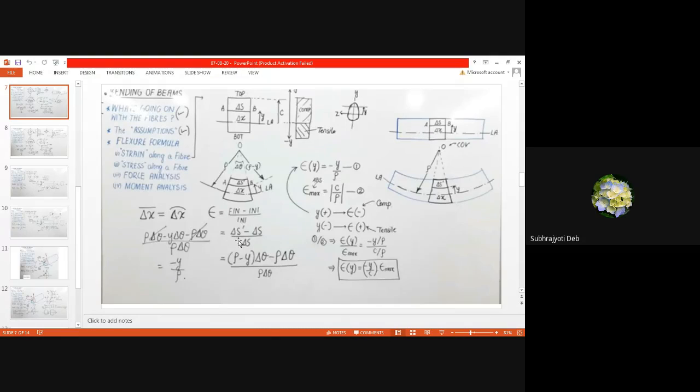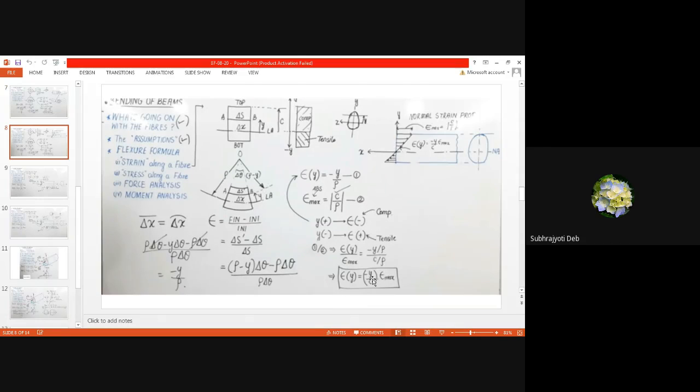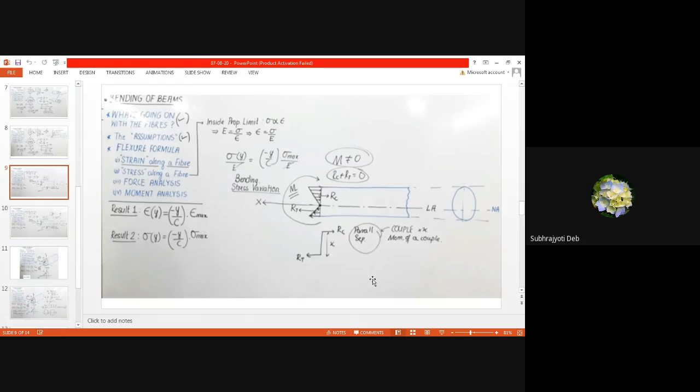After all this analysis and simplification, we got this equation for strain, and for stress we got sigma y is equal to minus y by c sigma max. So we know the strain along a fiber and the stress along a fiber.